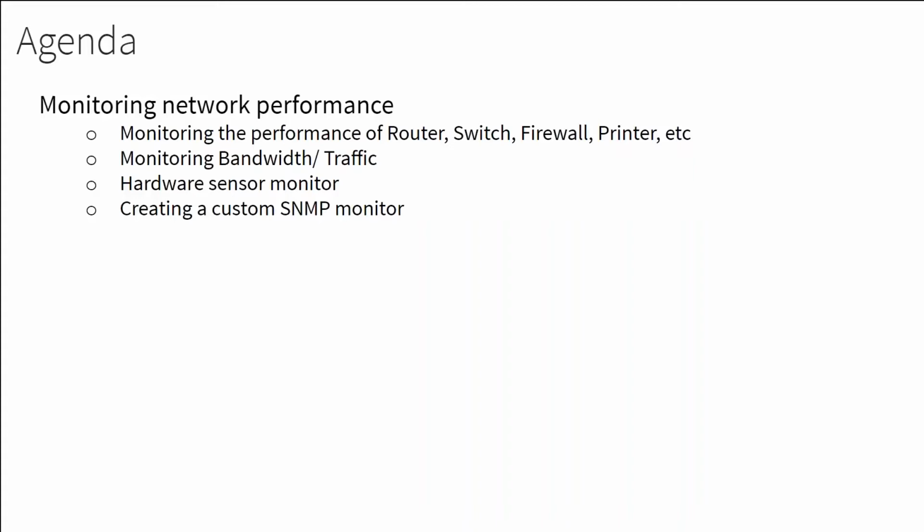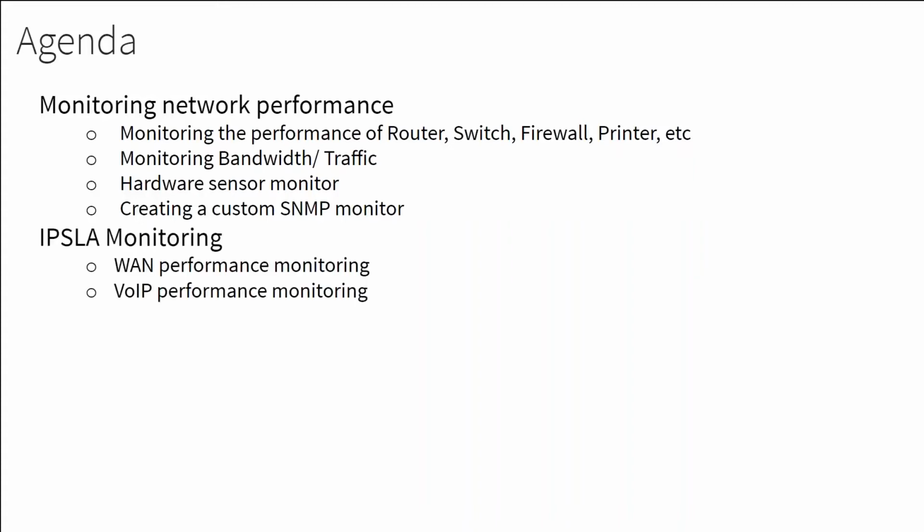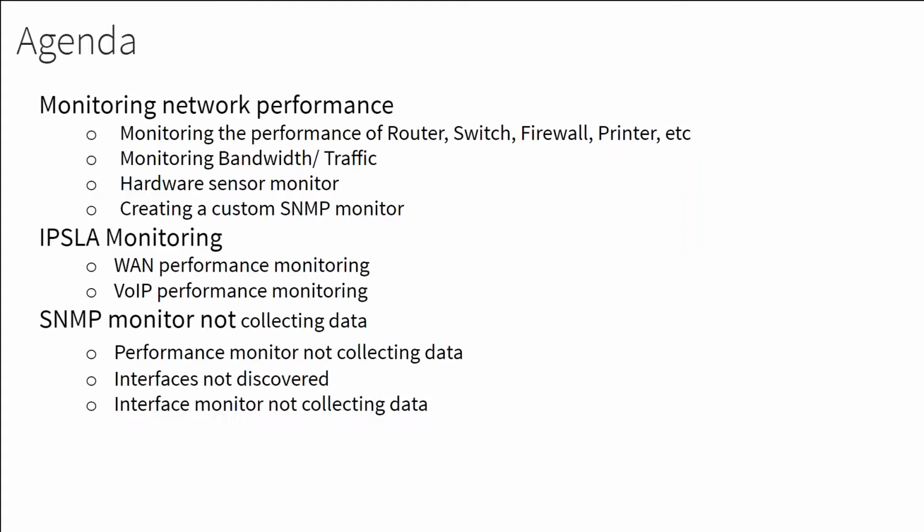And we're going to learn how to create a custom SNMP monitor for the new model that you created in OpManager, or for the available templates for which you cannot find a default SNMP monitor. And IPSLA monitoring, we're going to see about the WAN performance monitoring and the VoIP performance monitoring.